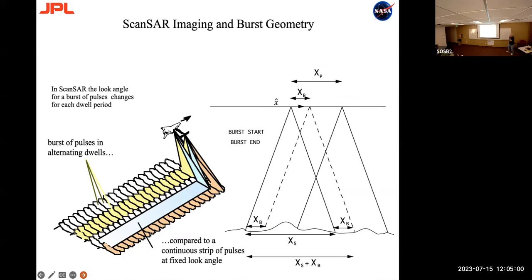For SRTM, for instance, we wanted to have a swath width of 200-some kilometers. The reason is that we were going to fly this radar on the shuttle, and the shuttle could only be in orbit for 10 days, and we wanted to map the entire world. If you work out the number of orbits that the shuttle flies in 10 days, it turned out that we needed a very wide swath, about 250 kilometers.